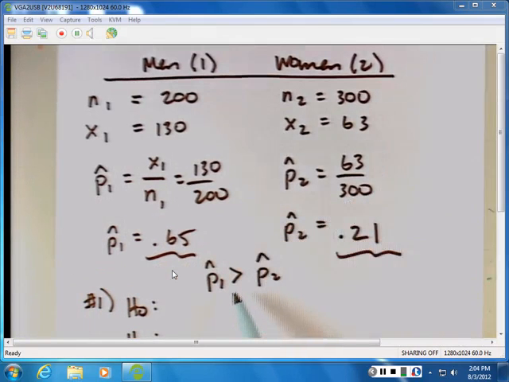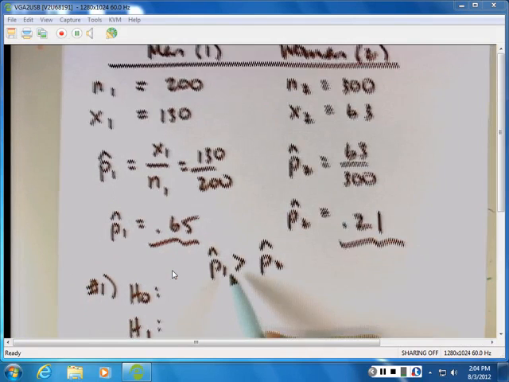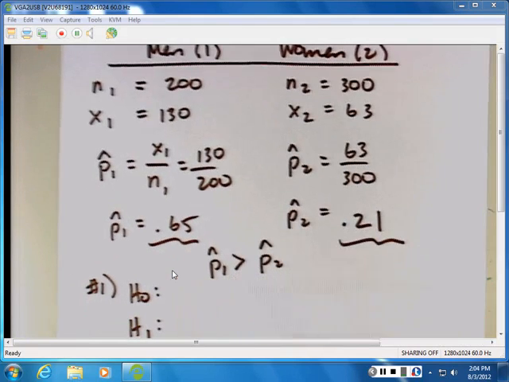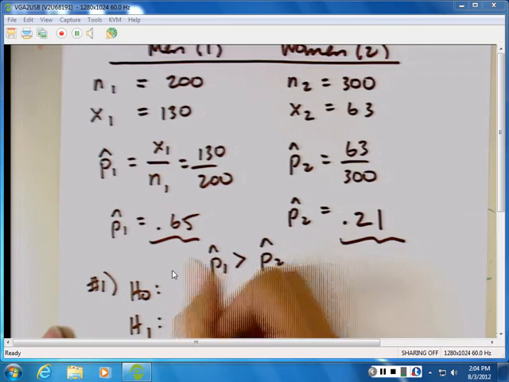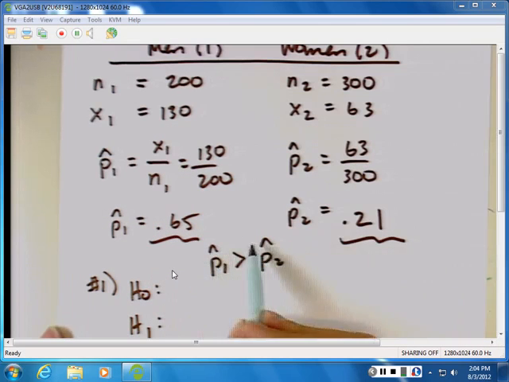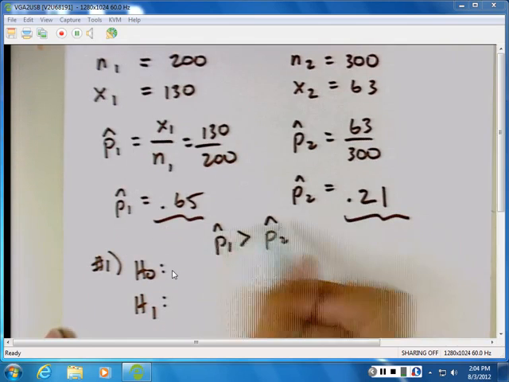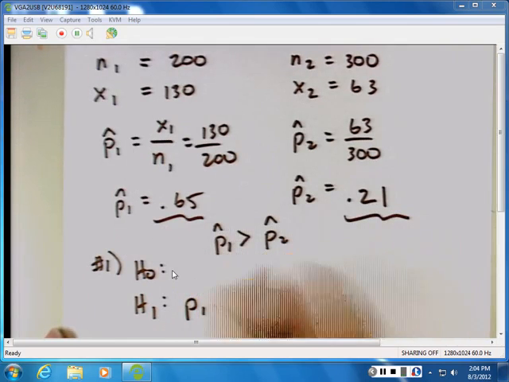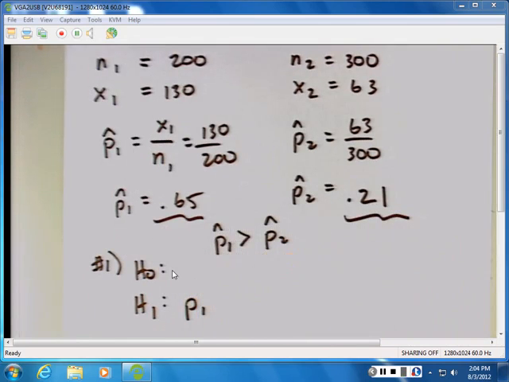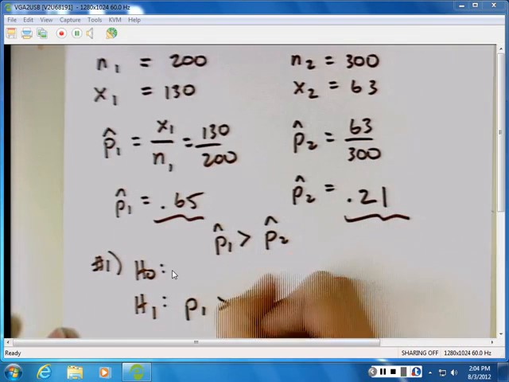Okay, before I write it down, should this go in the null hypothesis or the alternative hypothesis? I'm using a strictly more than symbol, so if you said alternative, you're correct. I don't use the sample, though. For the hypothesis, I always use my parameters, so I'm not going to have the hats on it. So p1, so in general for all men, would be greater than p2, that proportion.